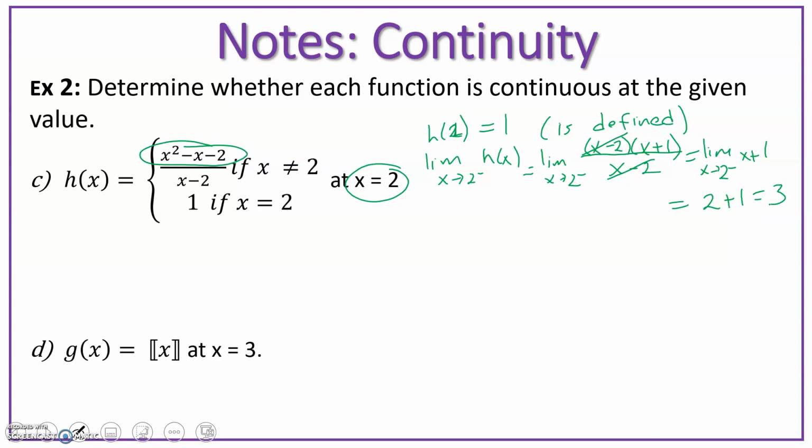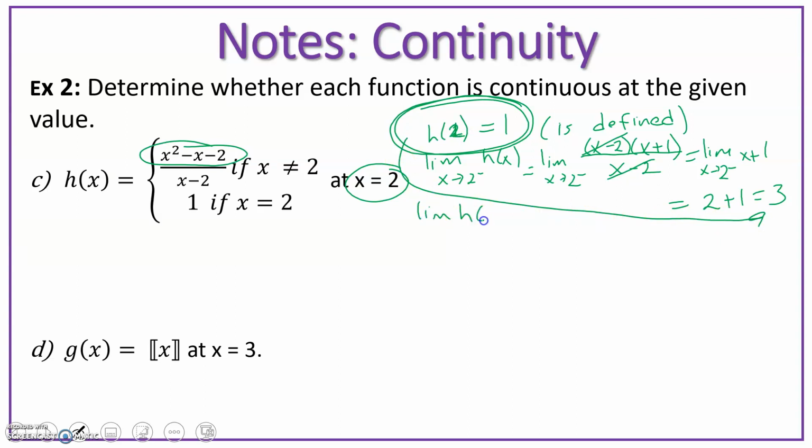Now, at this point, I can go ahead and stop because the value I'm getting here is 3. And even if I check from the right, and I also get 3, which I will, the problem here is that our function is defined with h of 2 being 1, and this here is 3, and they do not match.